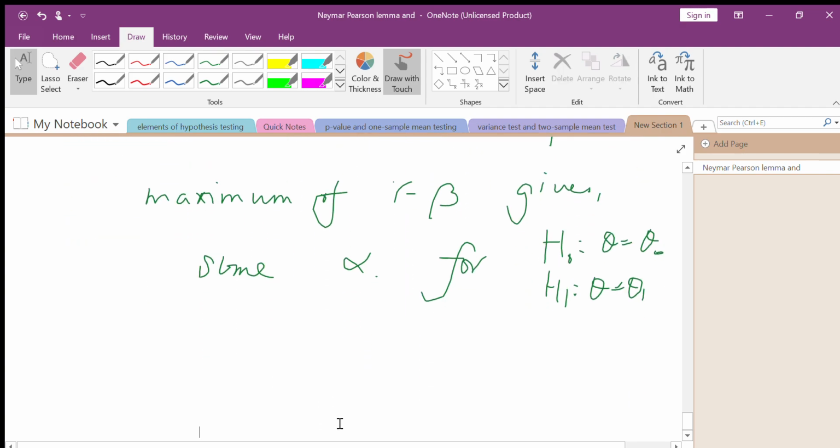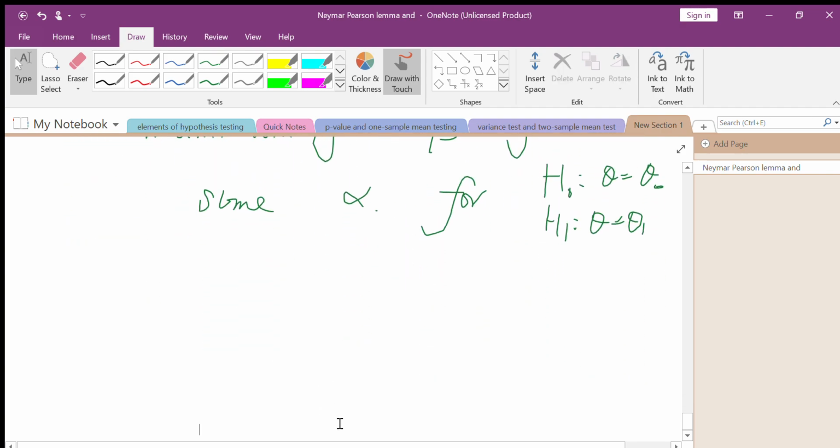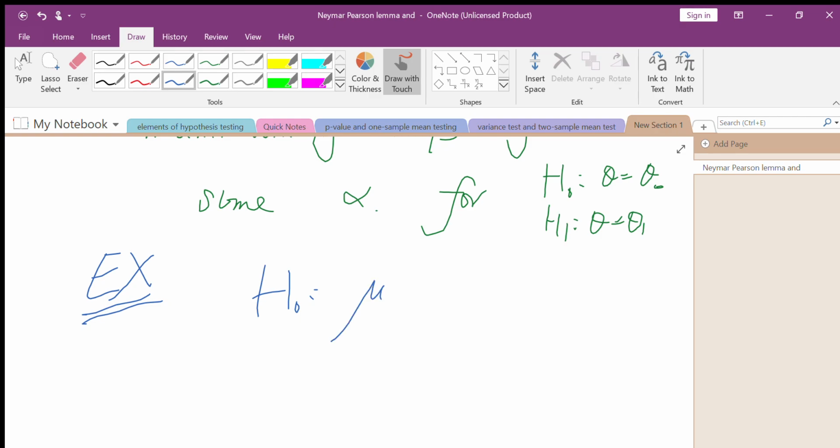So now let's see an example of more complicated hypothesis testing. Can we apply the Neyman-Pearson lemma to some complicated cases? Let's first see the first important example. How about H0 is theta equals mu, the population mean, so theta 0 is mu 0, but the alternative is not simple.